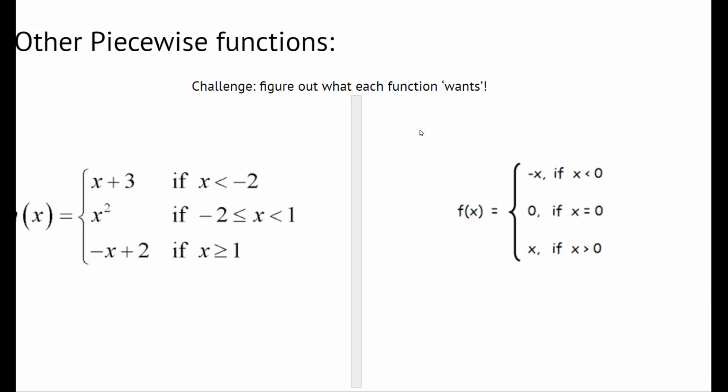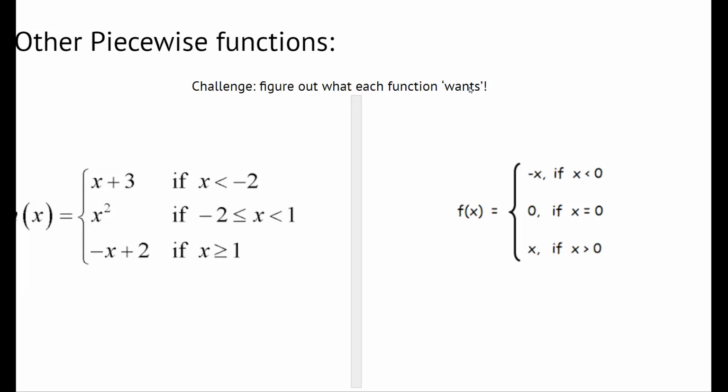And if x is equal to or greater than 1, then h of x will be negative x plus 2. So if x is like 5, then h of x would be negative 5 plus 2, which is negative 3.